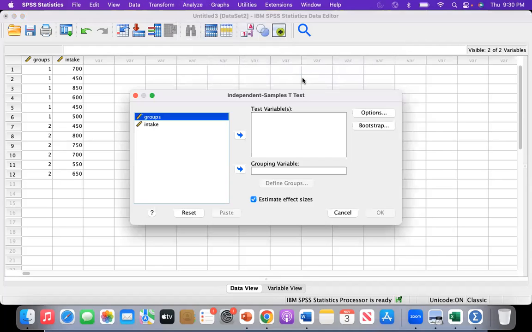All right, so then you get this. And then what you're gonna do is use the arrows and move the intake into the test variables and the groups into the grouping variable.